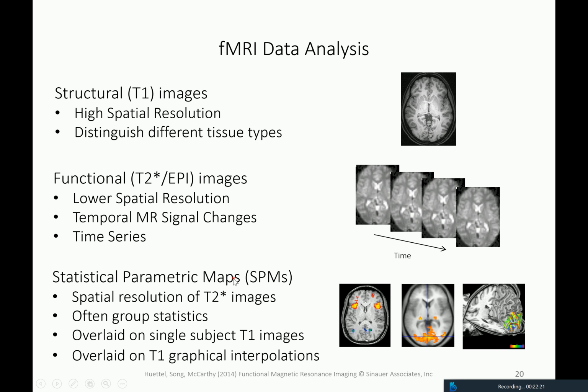And then in terms of the images that you always see in papers, what you see there are what is often referred to as statistical parametric maps or SPMs, which are usually T statistics, so T values, which result from the analysis of this time series and are often not resulting from only one participant but from multiple participants, if you have a group study.